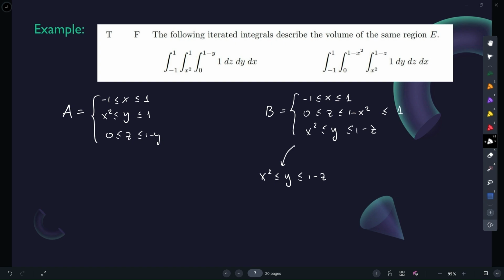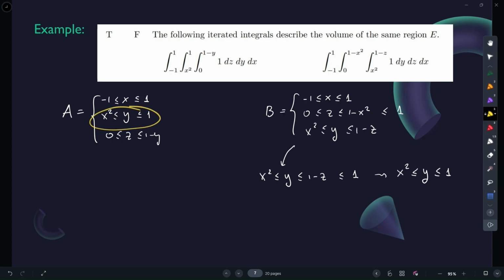So z is going at most up to 1. And the smallest z can be is 0. So this tells me that the y coordinate is also going between x squared and 1, which is what we had here as well.